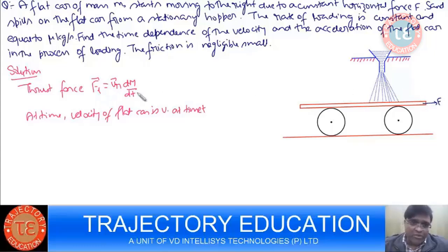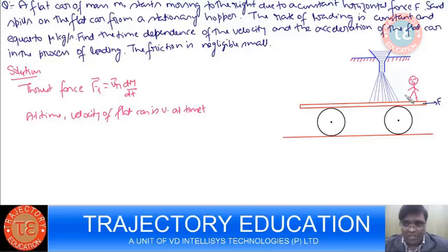So what is the relative motion of the added mass with respect to the parent body? For that, you keep the observer over here and you just see what velocity is seen by this observer. What is the velocity of the sand with respect to this observer?